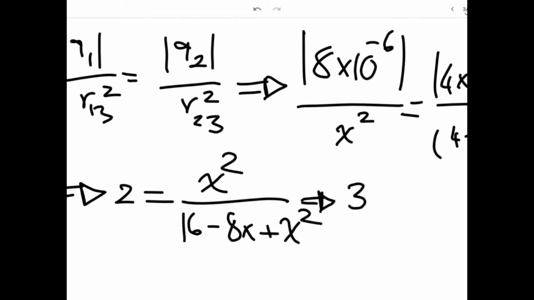After that you'll get 32 minus 16X plus 2X squared equals X squared.